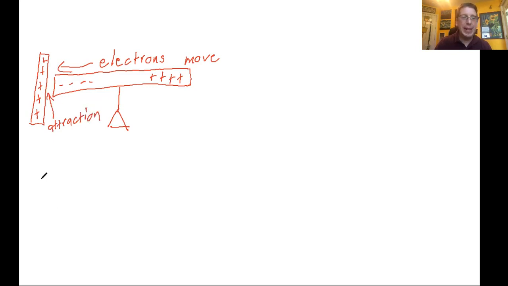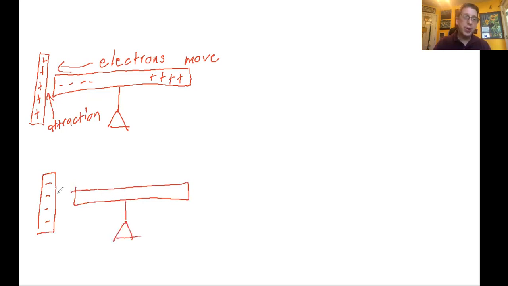So what happens when you put a negatively charged object near the same conductor? Well, here, the negatively charged object is going to repel the electrons. So the electrons are going to move to the right, and you'll have a negative charge on the right side of the object.